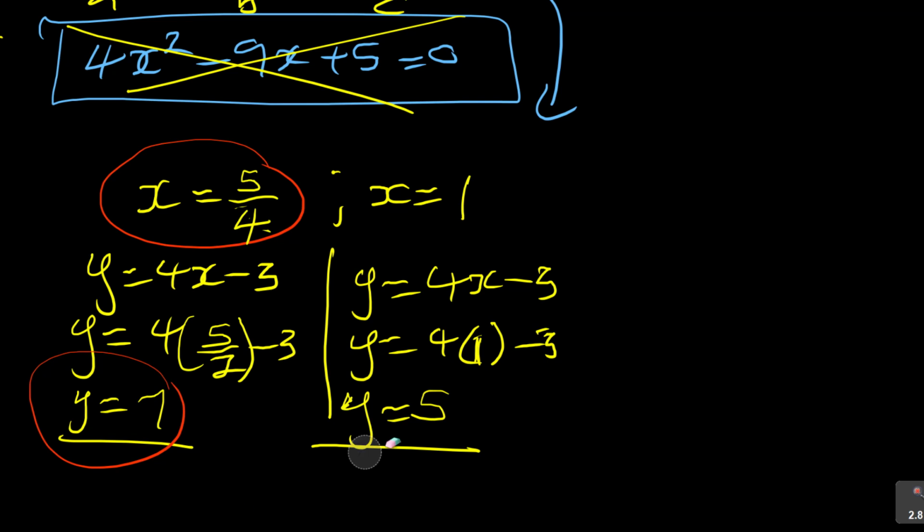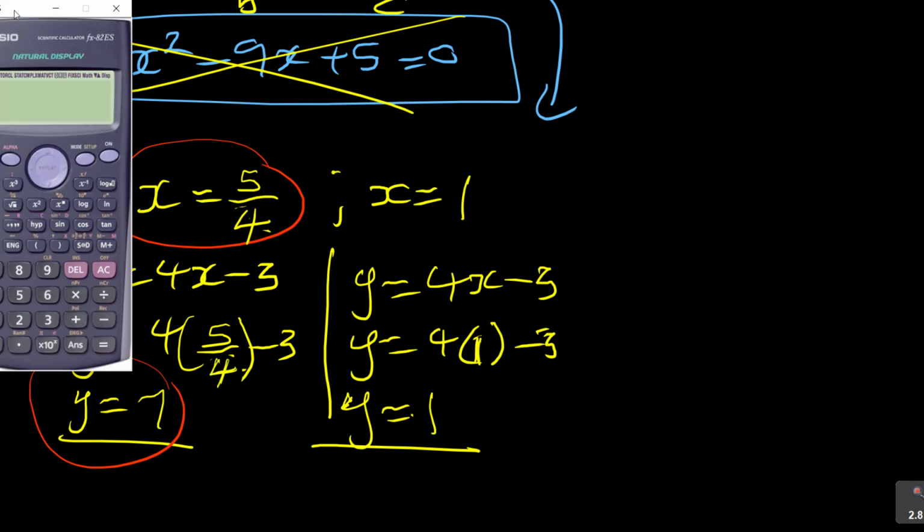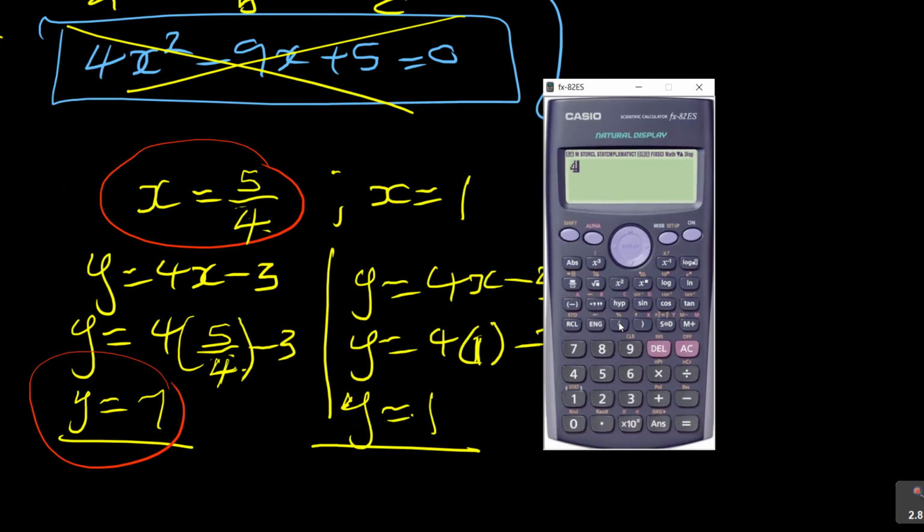You see that? What is the value of y? This is 4 times 1, so y is 1. Then what about the other one? 5 over 4 here. It changes everything. It's 5 over 4. Then fractions like this, just rely on the calculator. So you've got 4 bracket 5 over 4 minus 3, see, equal to 2.